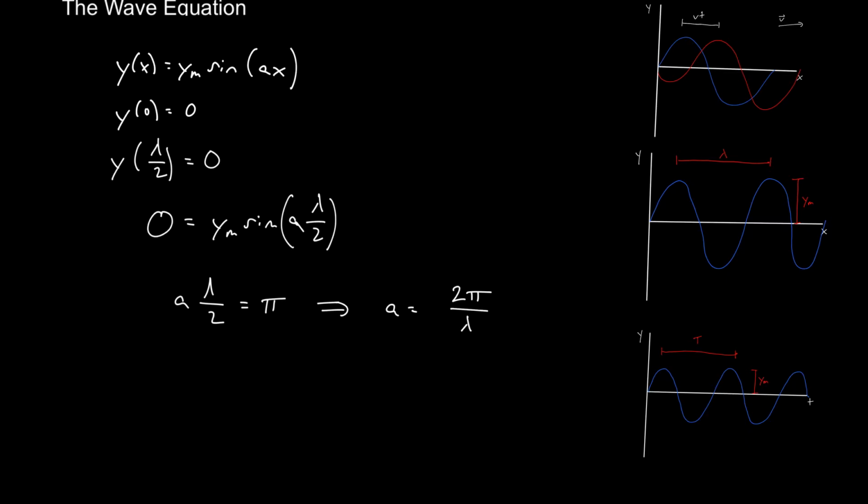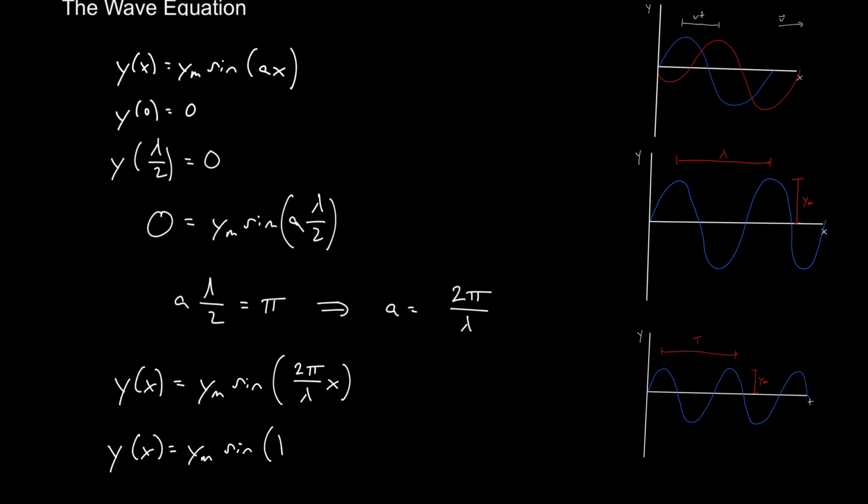And so we can rewrite that equation for the position of the element of the medium as y of x equals the amplitude times the sine of 2 pi over lambda times x, or we can also write amplitude times sine of kx, where k equals 2 pi over lambda, and that's what we call the angular wave number.